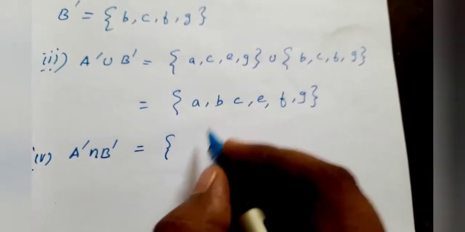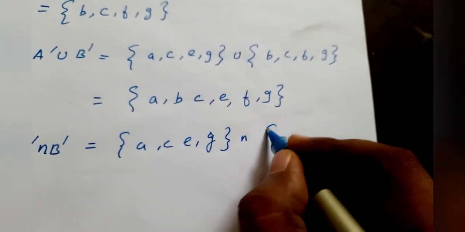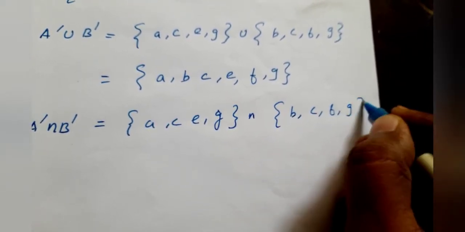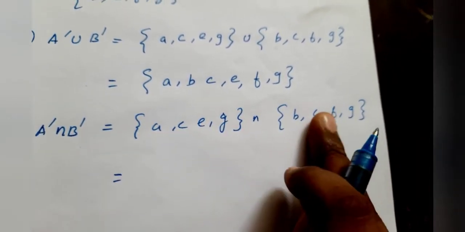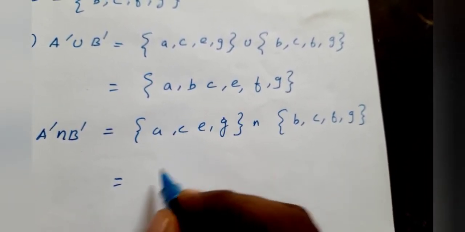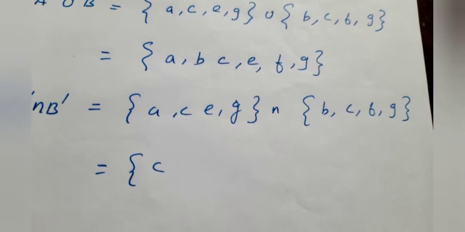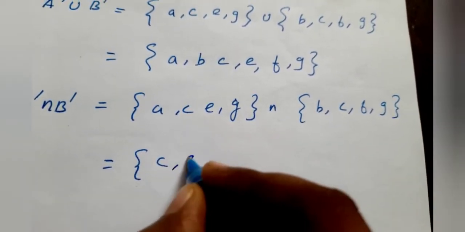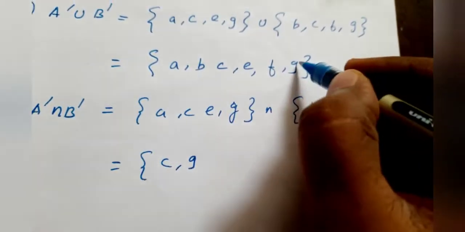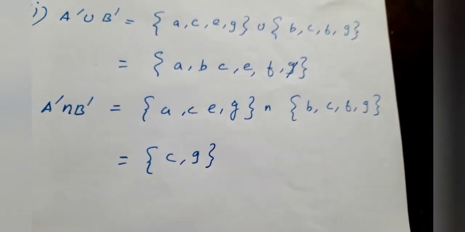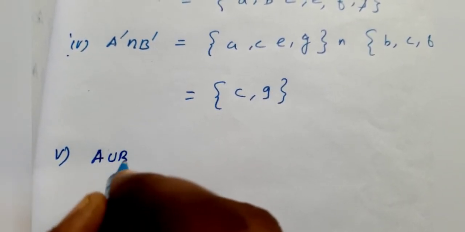For this, A dash is A, C, E, G, put the intersection symbol, B dash is B, C, F, G. The common elements belonging to both A dash and B dash are C and G. So C, comma G.